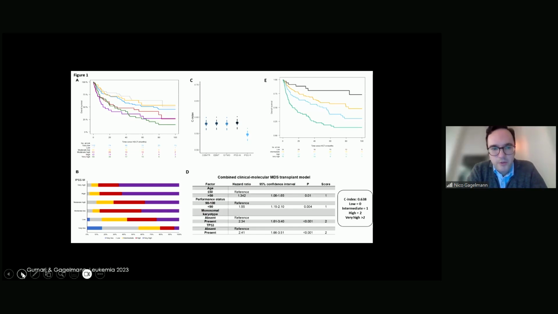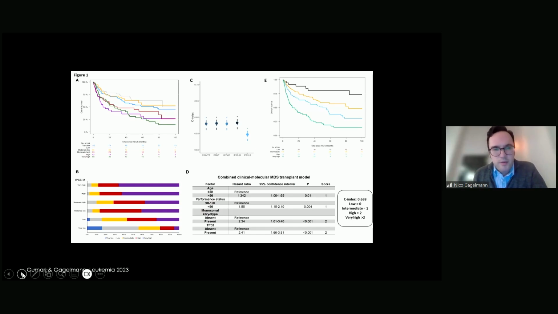And I would also like to congratulate Professor Senagapati and other colleagues who presented before me, who alluded to the role that TP53 in MDS in the transplant setting may be solely quite prognostic for worse overall survival, no matter what they have, multi-hit or single-hit. And that's what we also see in reality.